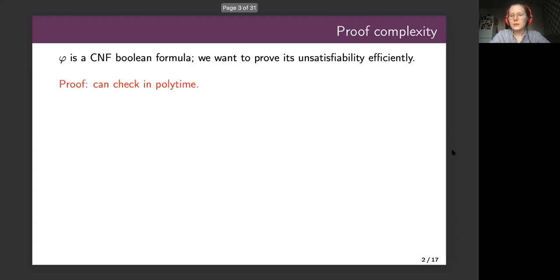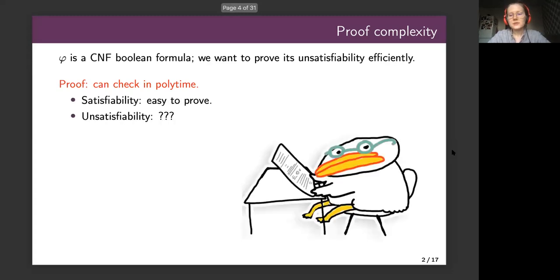A proof is something that we can check in polynomial time. Under this requirement, satisfiability would be pretty easy to prove. Indeed, we can just take a satisfying assignment and check if this assignment is really satisfying. It's not so clear what to do with unsatisfiability.